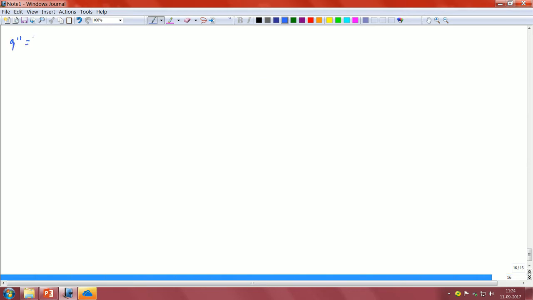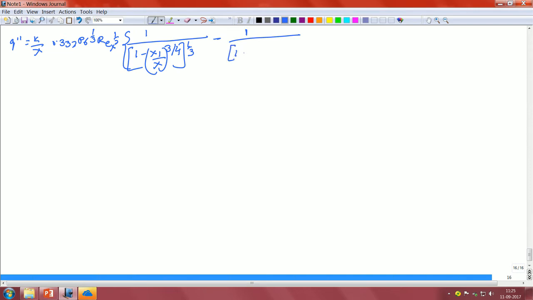So q double prime is equal to k by x 0.332, Prandtl number 1/3, and so on.